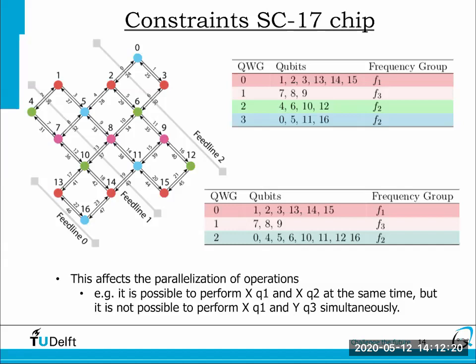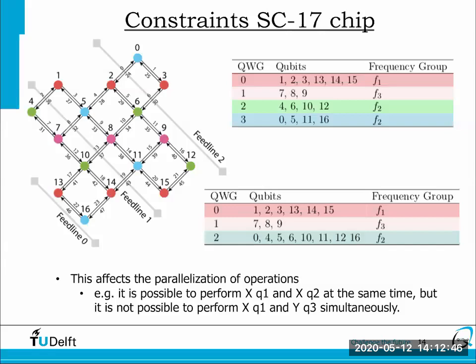But as you may know, AWGs, which stands for arbitrary waveform generators, are very expensive, and having all of them apart is not a scalable approach. So we want to optimize the use of those devices. In that sense, instead of using 4 arbitrary waveform generator devices for controlling the qubits, I just use 3, 1 for each of the frequencies.